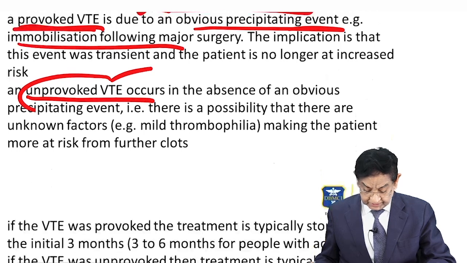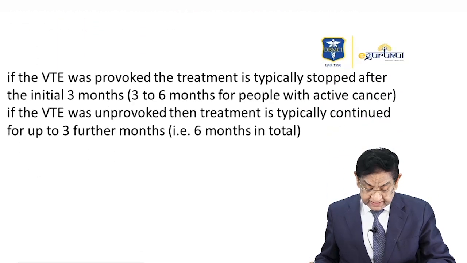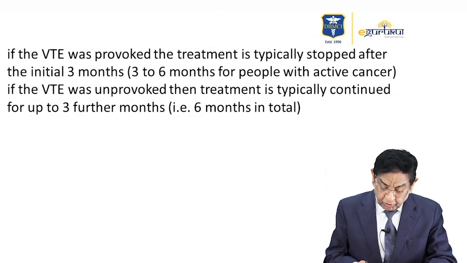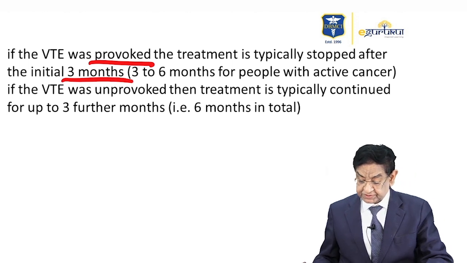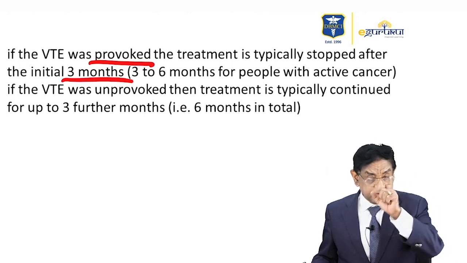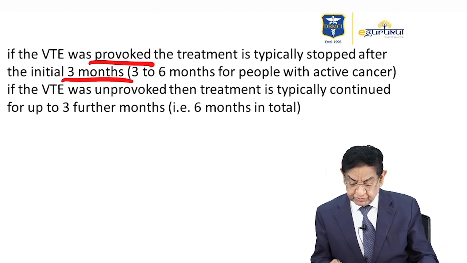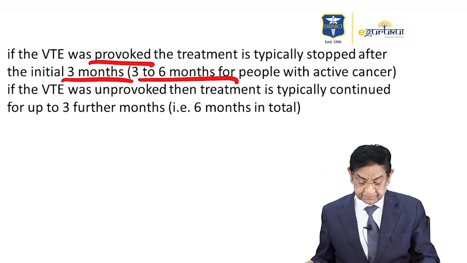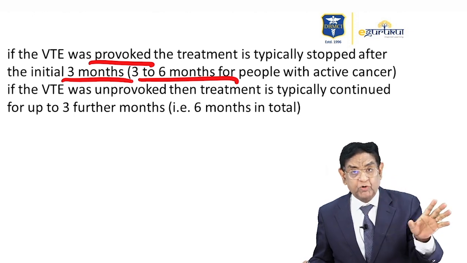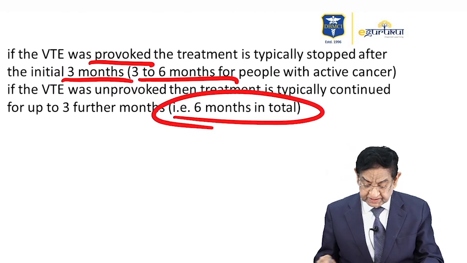Got it? So now the NICE guidelines say, in provoked, give for 3 months. But if the patient has cancer, then you can go for 3 to 6 months. If the patient is unprovoked, give for 6 months.